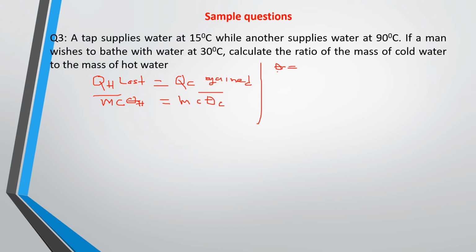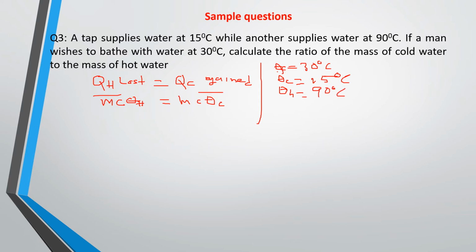The initial temperature of cold water is 15 degrees centigrade. The initial temperature of hot water is 90 degrees centigrade.